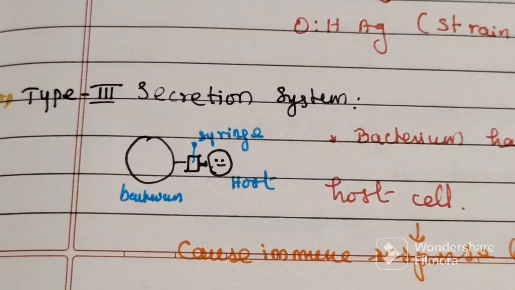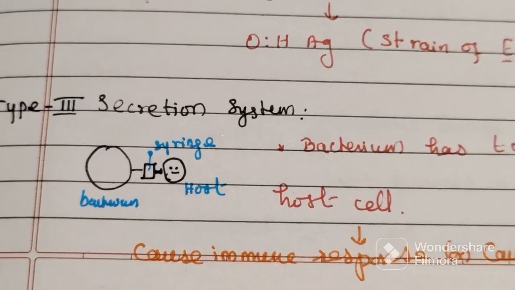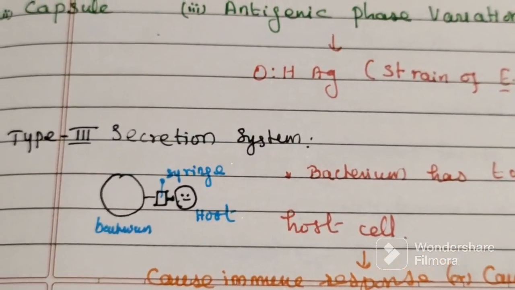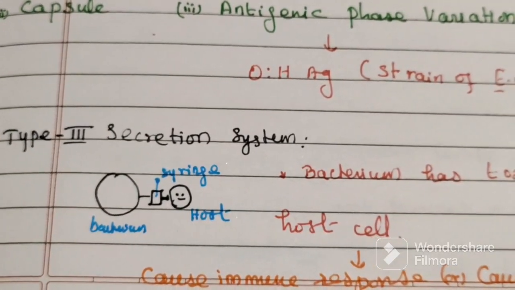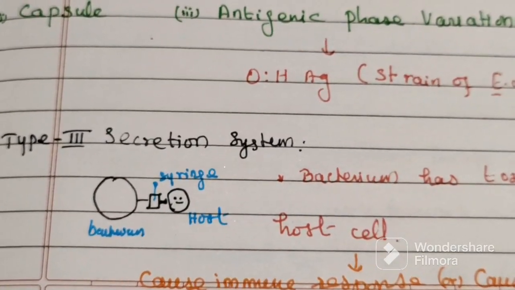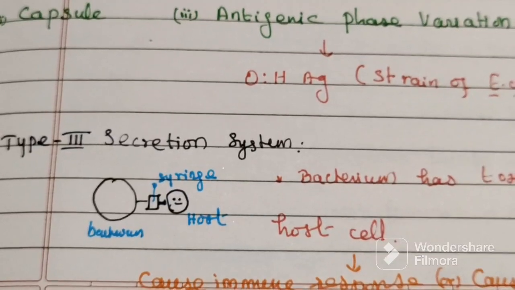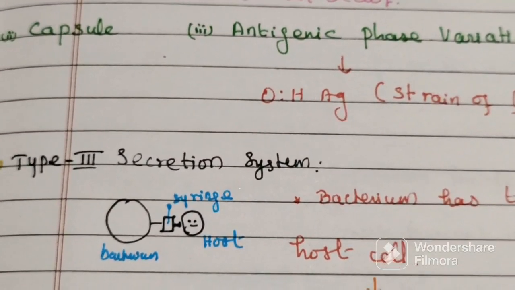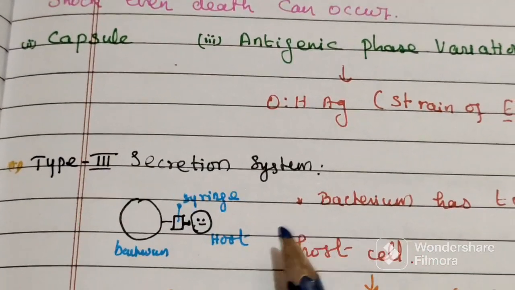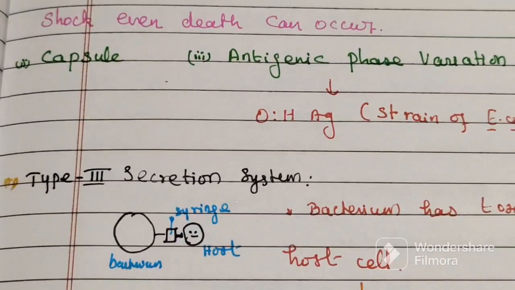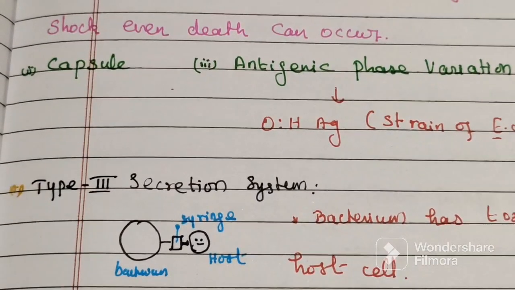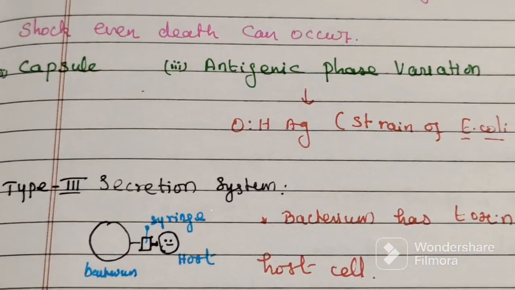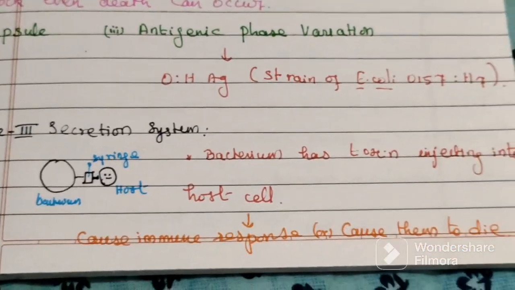Another factor is the type 3 secretion system, basically a little bacterial syringe. The bacterium uses the syringe to attach and inject toxin into the host cell in order to infect it. So the bacteria inject product that either causes an immune response or causes the host cell to die.